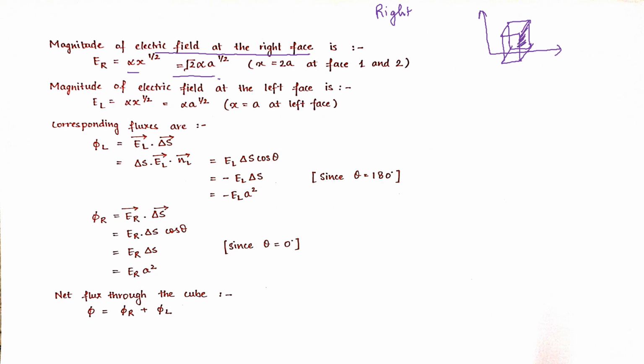This one is the right face, and this one is the left face. In the previous slide I explained this distance is a, and from origin to right face the distance is 2a. So we will have electric field given at this point as alpha x to the power 1 by 2, where alpha will be alpha only, and for x we will substitute the distance.